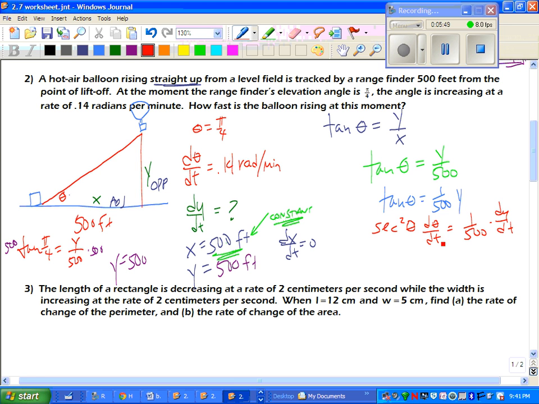So we have to figure this out. We have to take secant squared of pi over 4, because that's what our theta is, times d theta dt, which is 0.14, equals 1 over 500 times dy dt. Secant squared of pi over 4, well, secant is the reciprocal of cosine. Cosine of pi over 4 is root 2 over 2. So secant, remember, would then be 2 over root 2. So we're taking that whole thing and squaring it times 0.14.